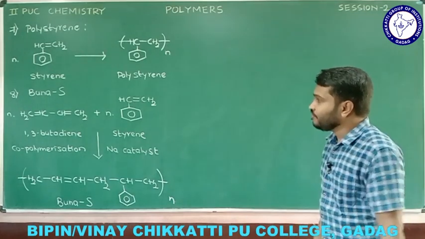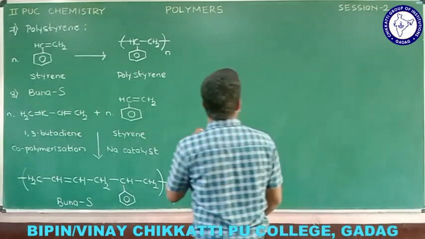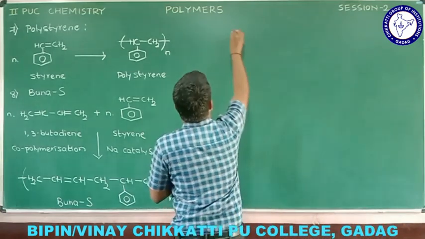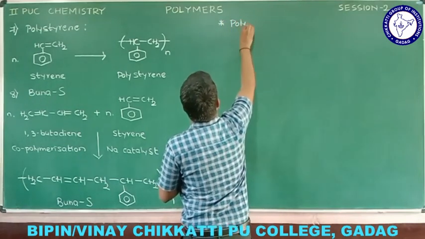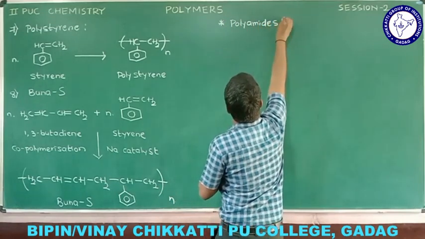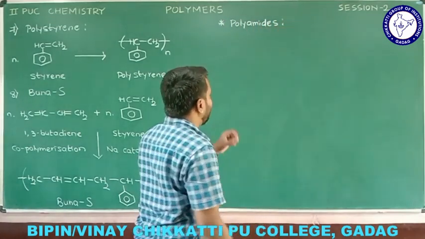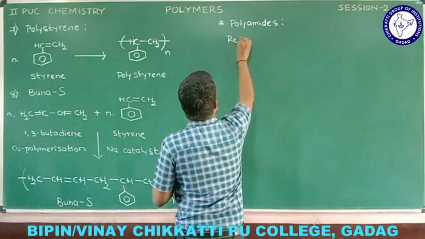So before moving on to the 9th example, I am going to explain some points. Okay, and we'll see what actually the meaning of polyamides is. So let me write that first.